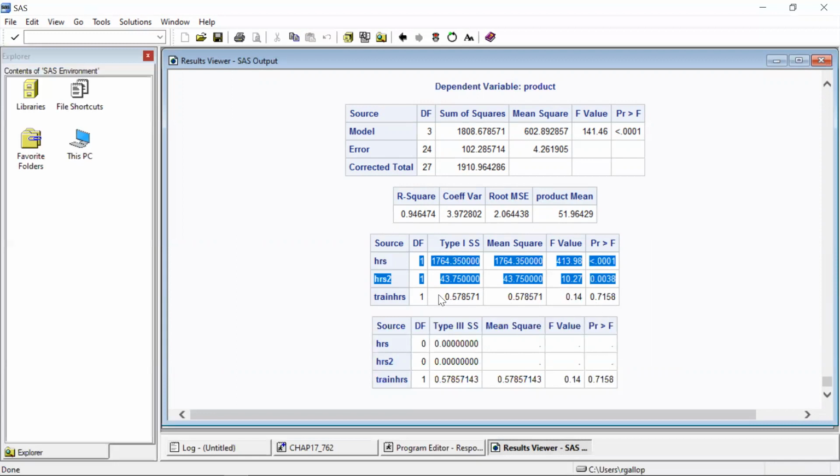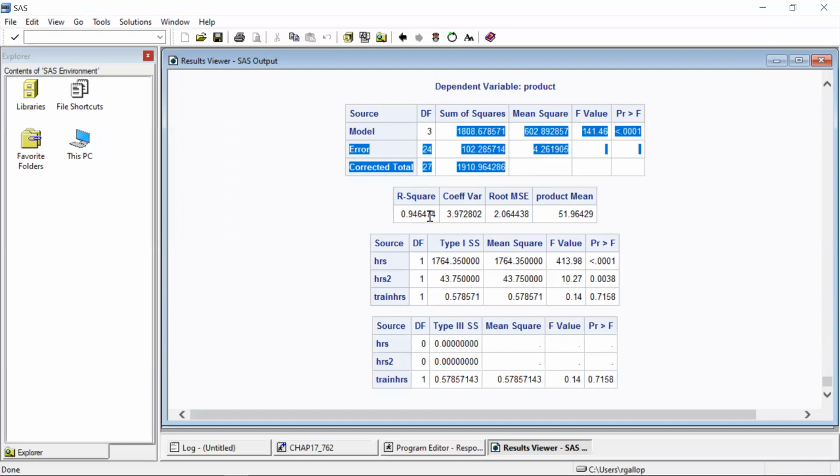So in this case, this is saying to us that the overall model, accounting for linear and quadratic hours, explains all of the significance of productivity. Anything left over by categorical hours is not significant. Again, everything with the model is exactly the same. The R squared is the same.